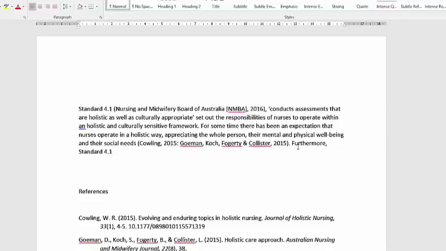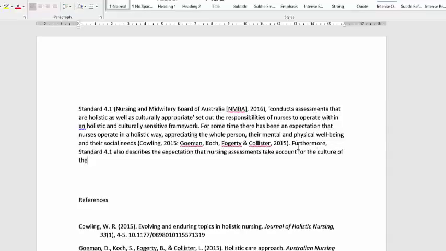Furthermore, standard 4.1 also describes the expectation that nursing assessments take account for the culture of the person.